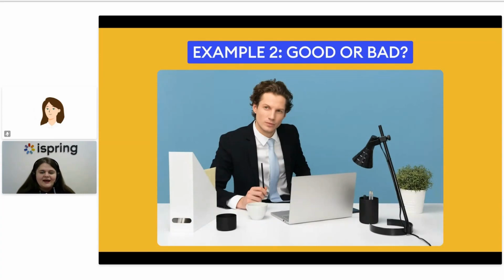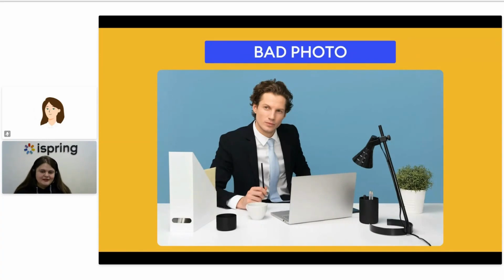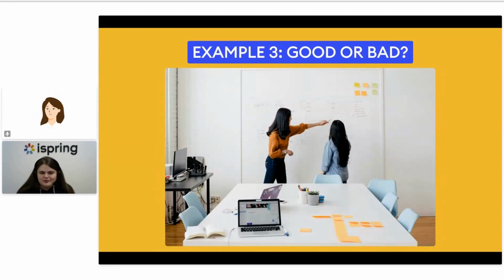If you look at how the elements are arranged on the table, it's pretty clear that this isn't a normal looking workplace. This is an unrealistic setting, so clearly a stock photo. Let's move on to another example.